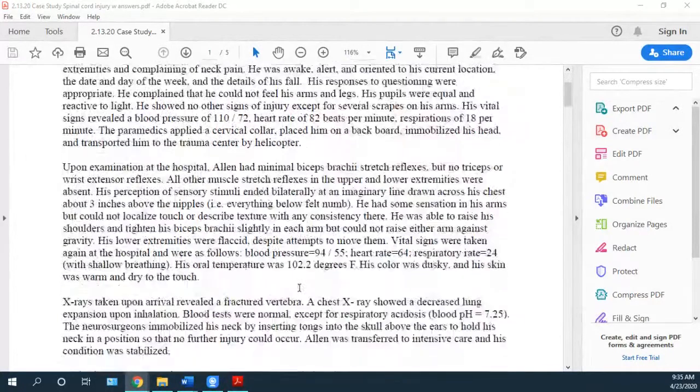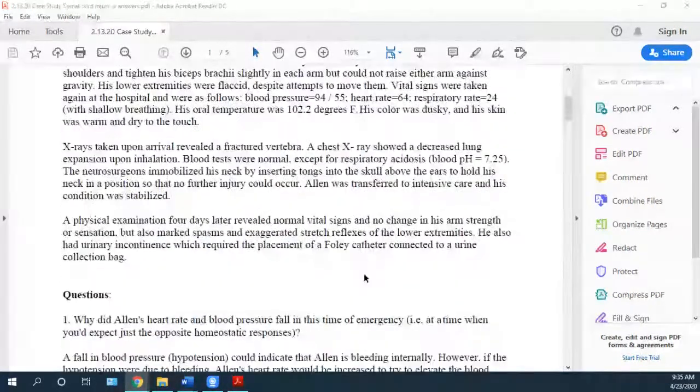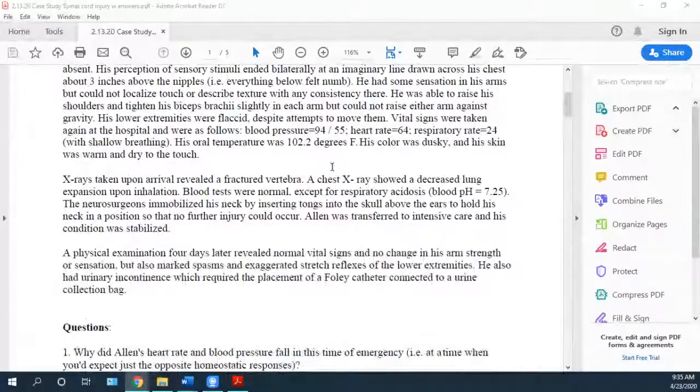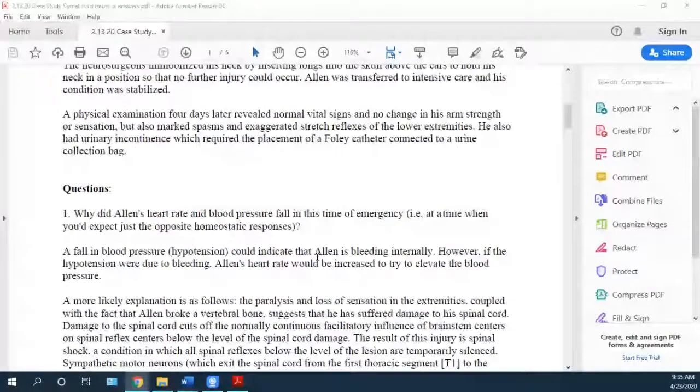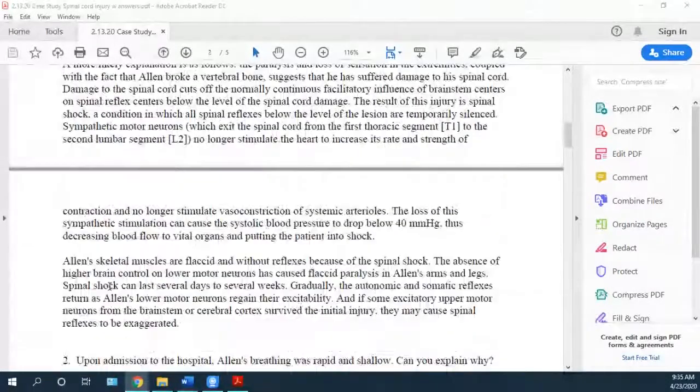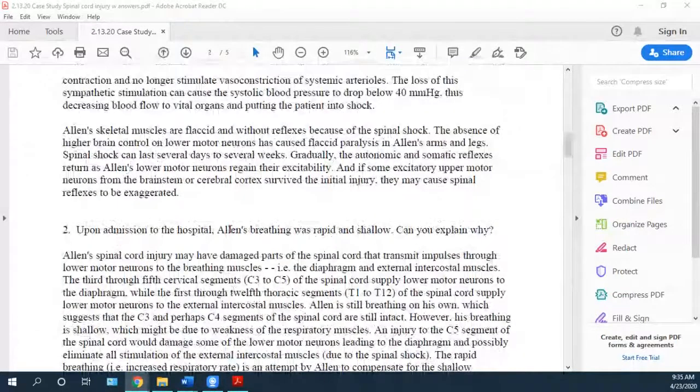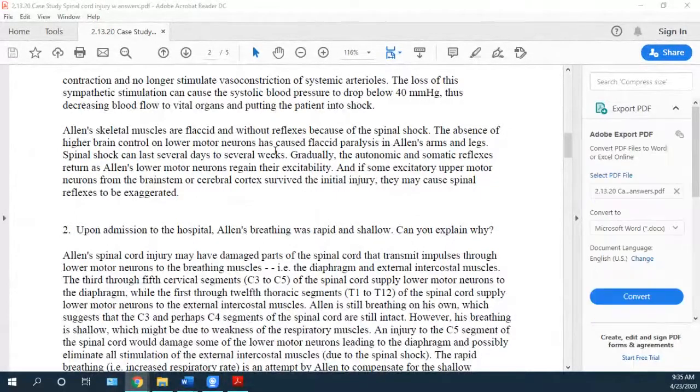So this is the format I want you to take with it. Give me the situation that happened and some questions, and then the correct answers. So think of some interesting disorder and come up with 5 to 10 thoughtful questions that are correct, and that'll be worth 5 points extra credit potentially.